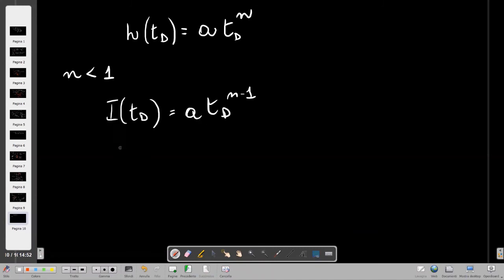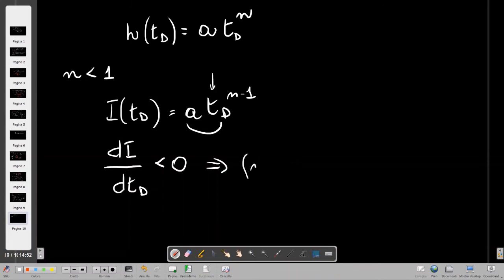And we can try to estimate the variation of the average intensity with respect to the duration of the event. And of course, this must be lower than 0. Indeed, as the duration of the rainfall increases, the average intensity of the event decreases. So we can perform the derivative of this relationship with respect to this parameter.